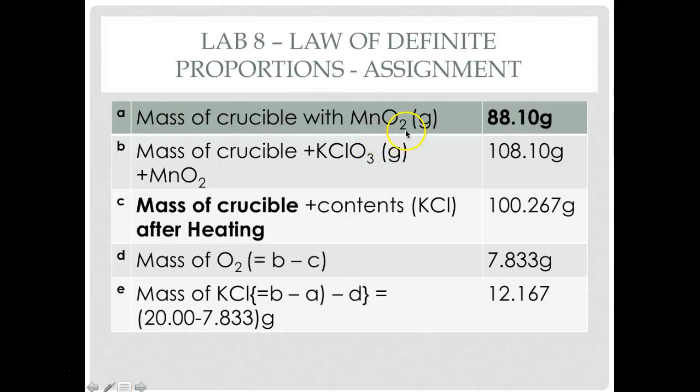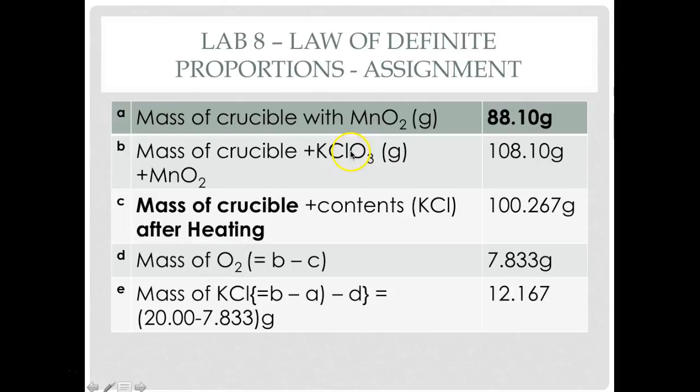So the initial mass for the crucible with the catalyst was 88.10, okay. And then the mass of the crucible, the catalyst plus the 20 grams of KClO3, is 108.10. So if you subtract that 88 from 108, it'll give you 20 grams.